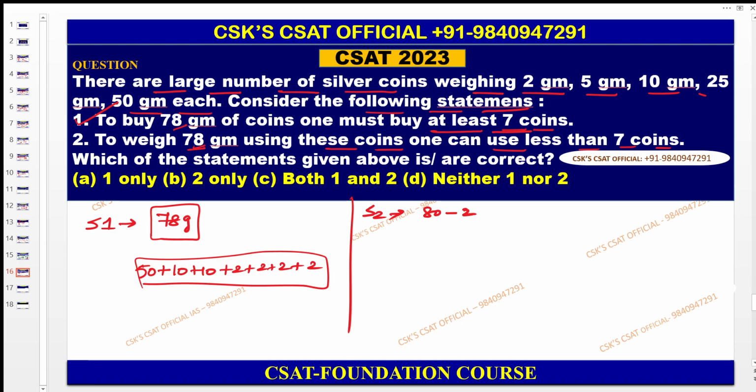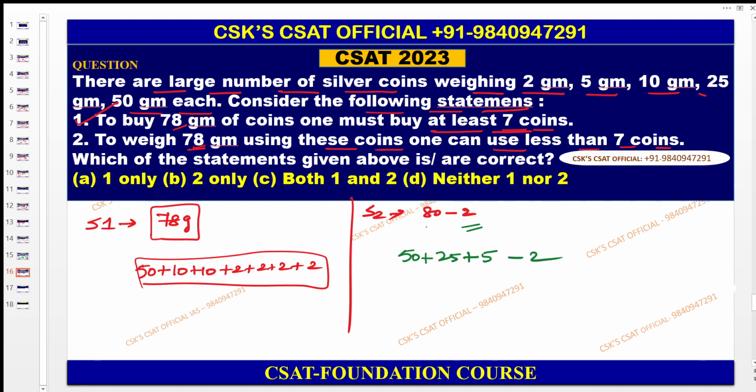Now try to understand this one. How can we write 78? So how can we write this? 50 plus 25 is 75, plus 5 is 80, minus 2.